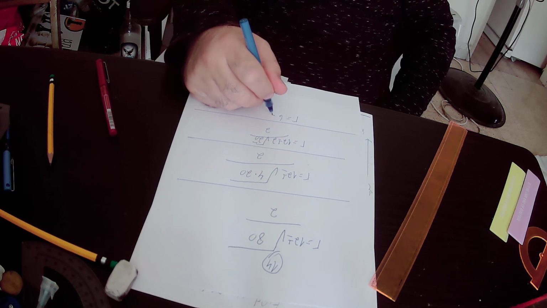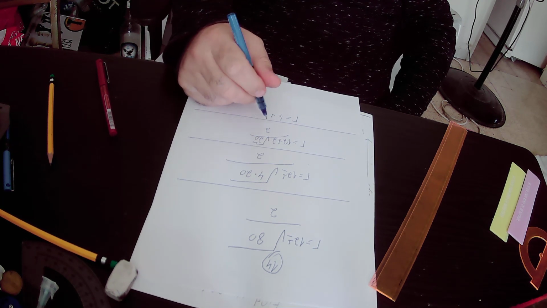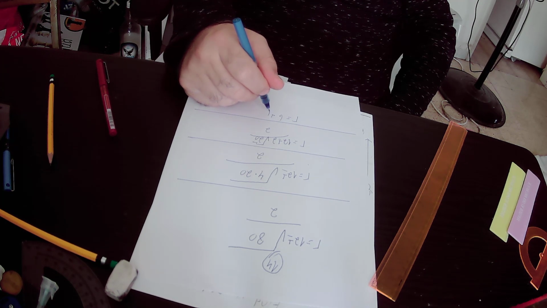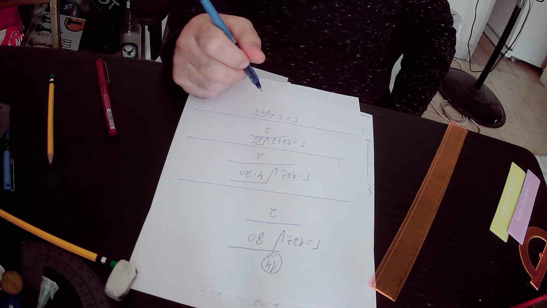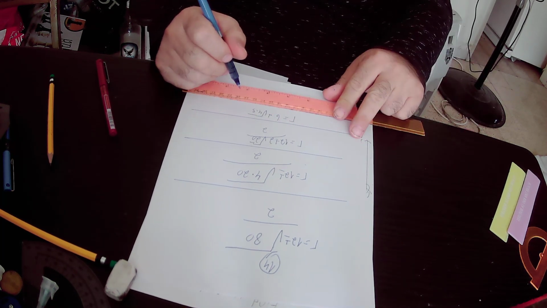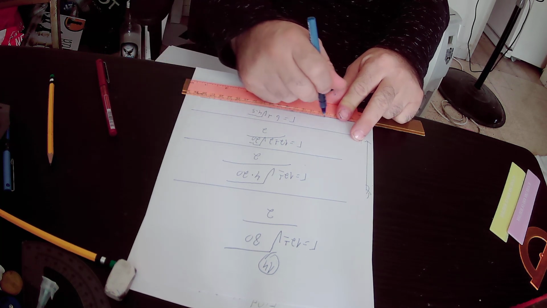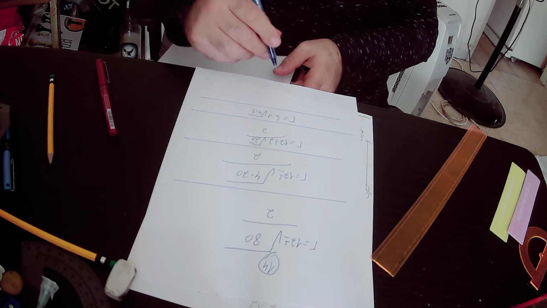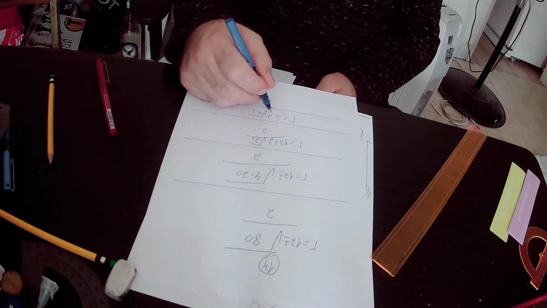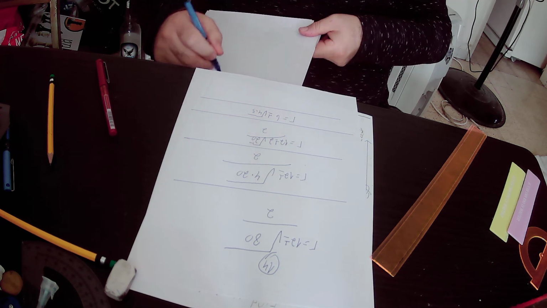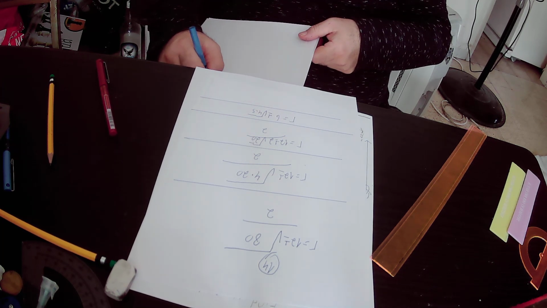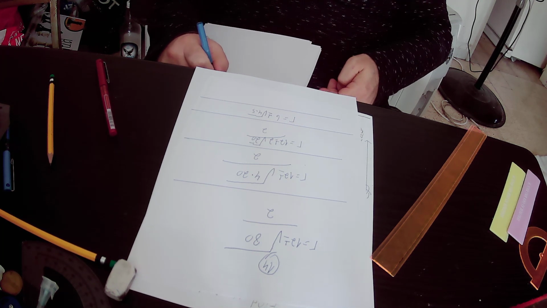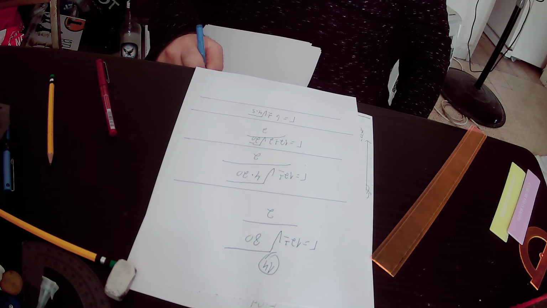So it's 6 plus minus root 20. 20 equals 4 times 5, and the square root of 4 is 2, so r equals 6 plus minus 2 times root 5.